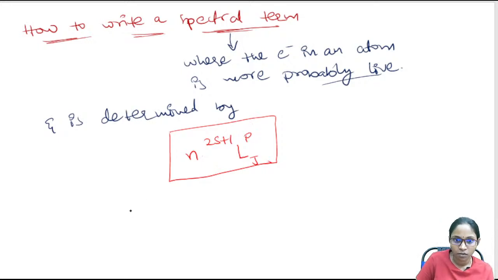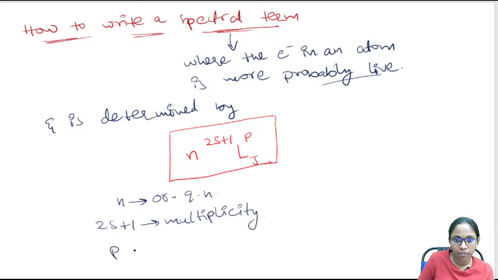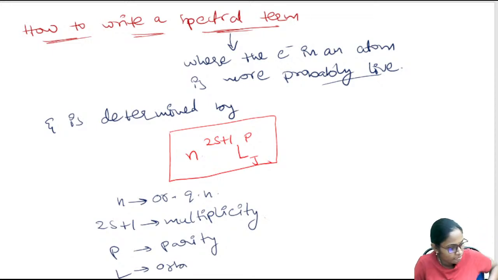P is the parity, and 2S plus 1 is the multiplicity.